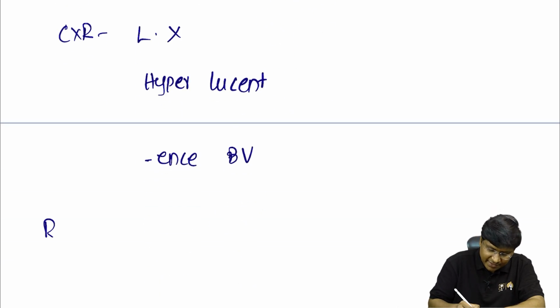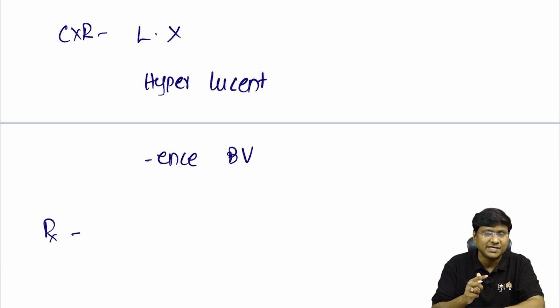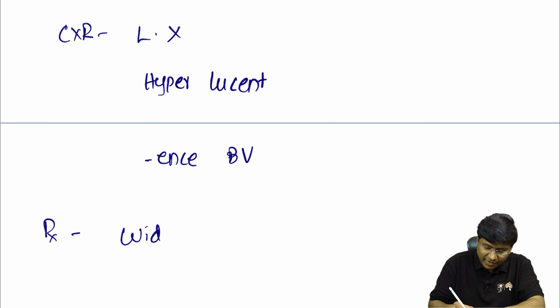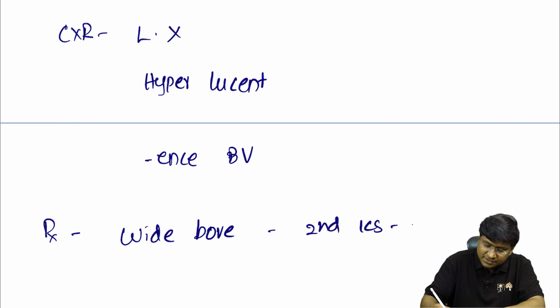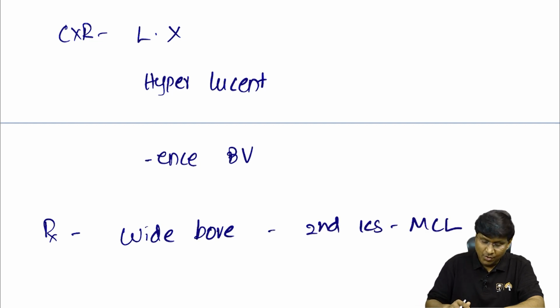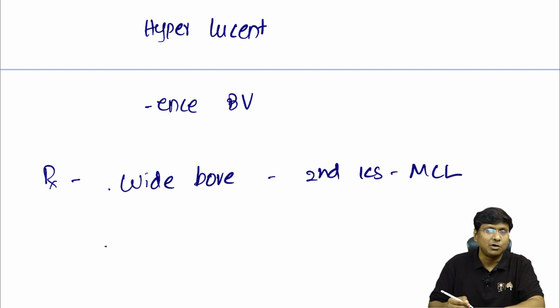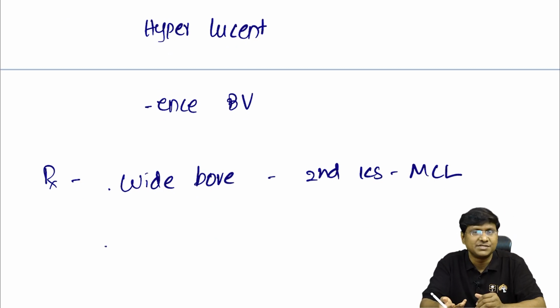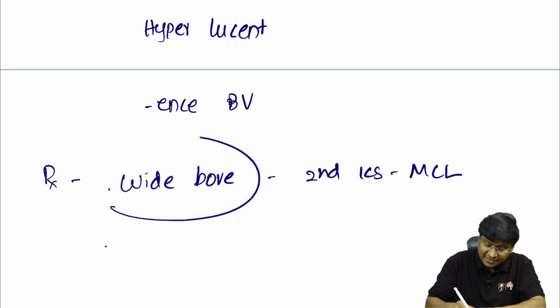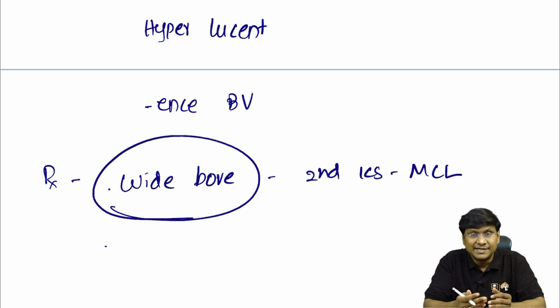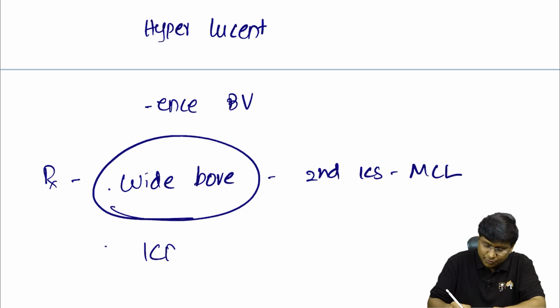And then how will you treat these patients? In emergency cases, we do wide bore needle insertion in the second intercostal space, mid-clavicular line, right? If it is not an emergency, or if with the wide bore needle insertion the dyspnea is not reducing and the lung is not completely expanded, then you need to place an ICD.